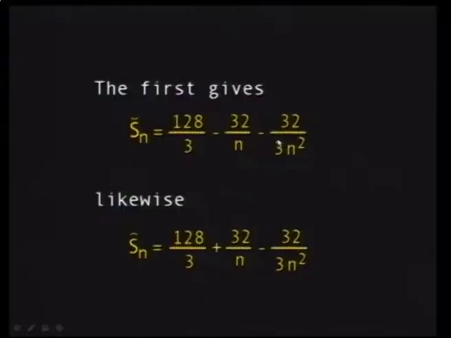When you add up the outer rectangles and the inner rectangles, you have these two expressions, which means your area is enclosed between these two. Here we directly see that when you take the limit as n tends to infinity, the area becomes 128 divided by 3.